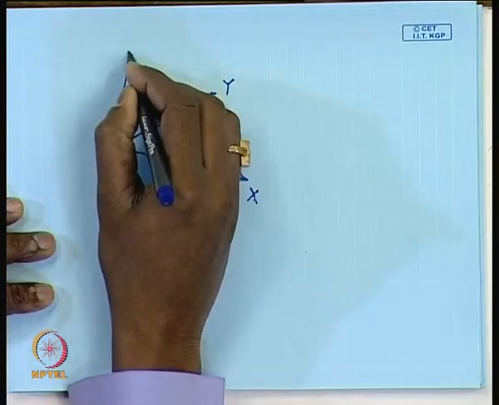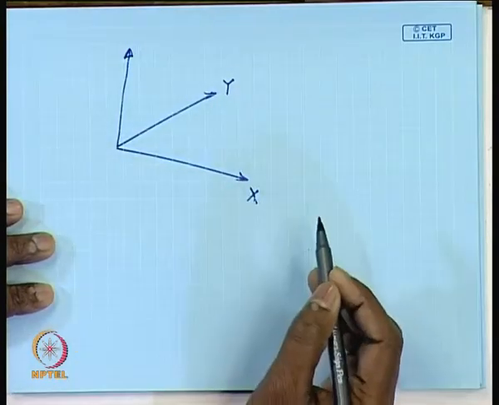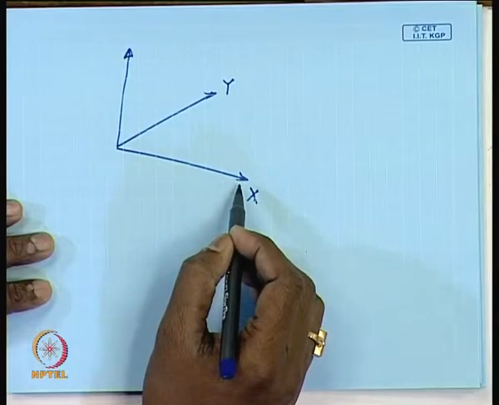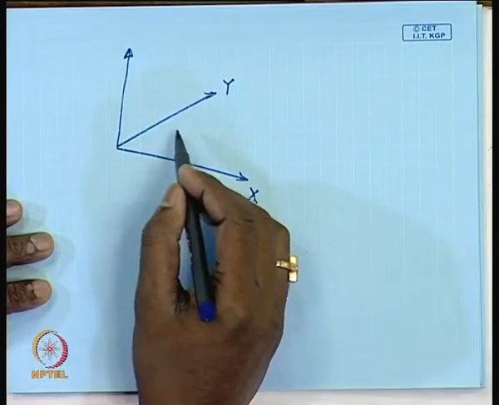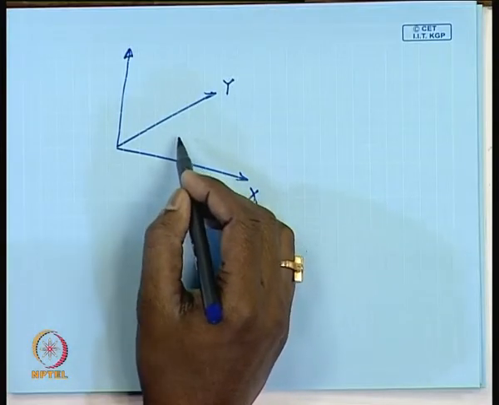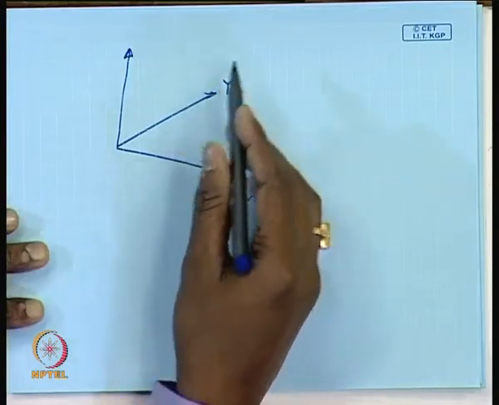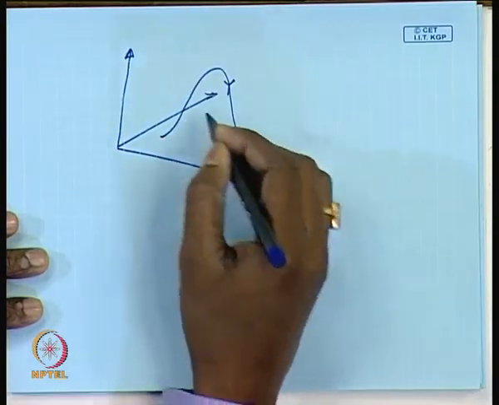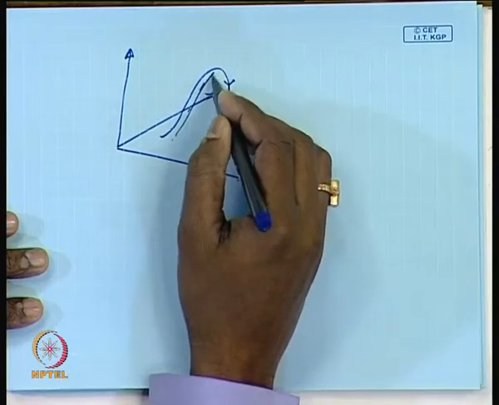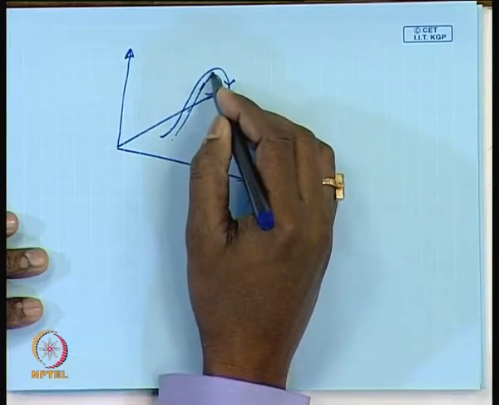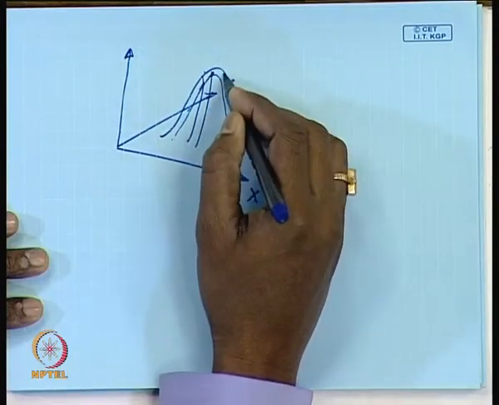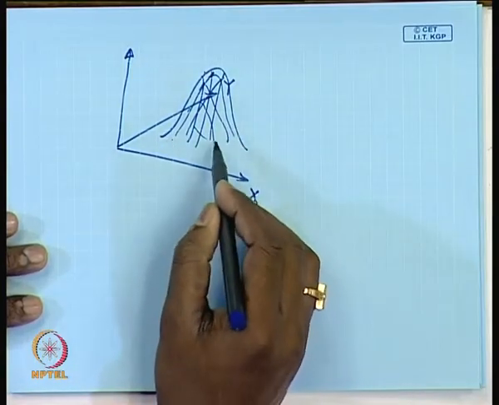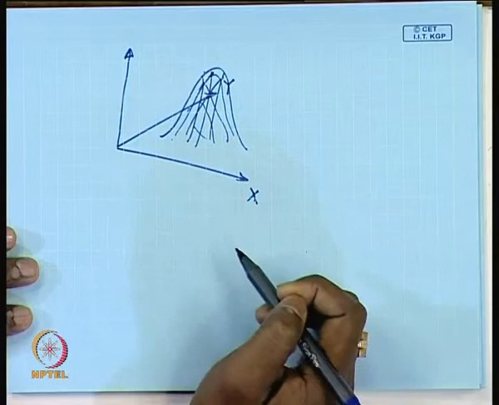Here these are the two axes for the two random variables, and depending on whether these random variables are discrete or continuous, we will get either a probability mass function concentrated at a particular point, or a three-dimensional surface kind of thing, that we have seen earlier. This kind of surface we can also get for the joint distribution.